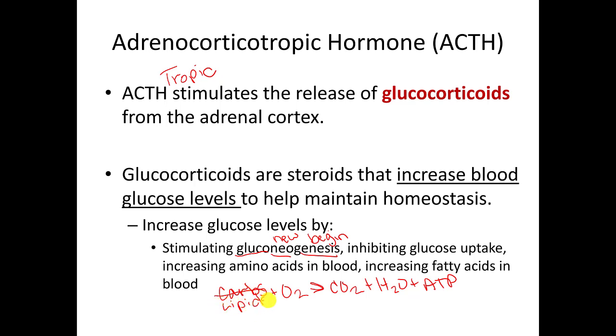And if you don't have lipids, the next thing your body would use is amino acids or proteins. And so that's why when they increase glucose levels, one of the things they can do to keep glucose in the blood is prevent it from being turned into ATP. So by using lipids to create energy or amino acids to create energy.